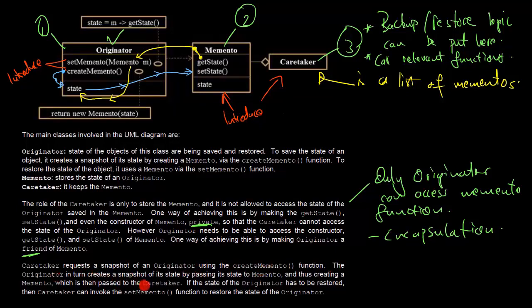And then to restore, it's going to request, that's creating a Memento, which is then passed to the caretaker. If the state of the originator has to be restored, then the caretaker can invoke the set Memento function to restore the state of the originator.